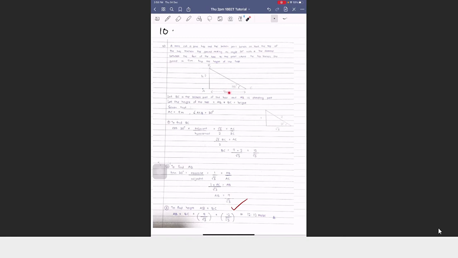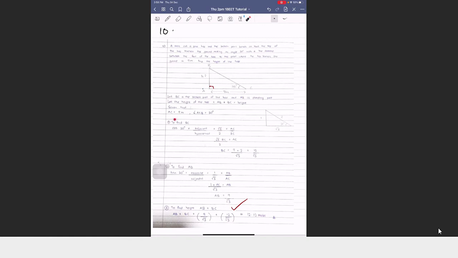So this is 9 meters. You have angle 30 here. So you want to find AB, you have to find length BC, then you just add up. So this is also just a simple trigonometric ratio, because this is a right angle triangle. So you just need to find one by one.